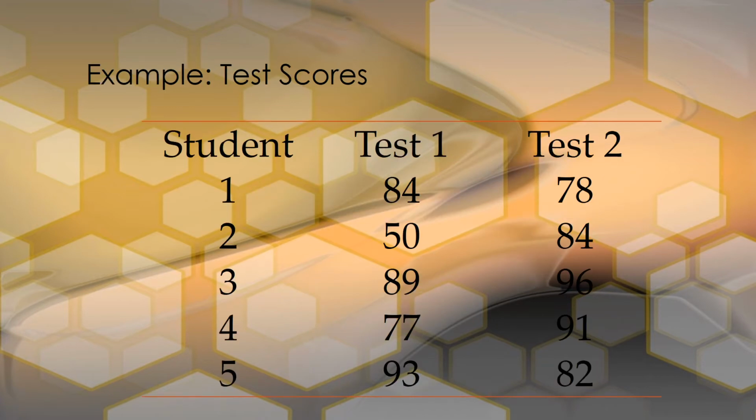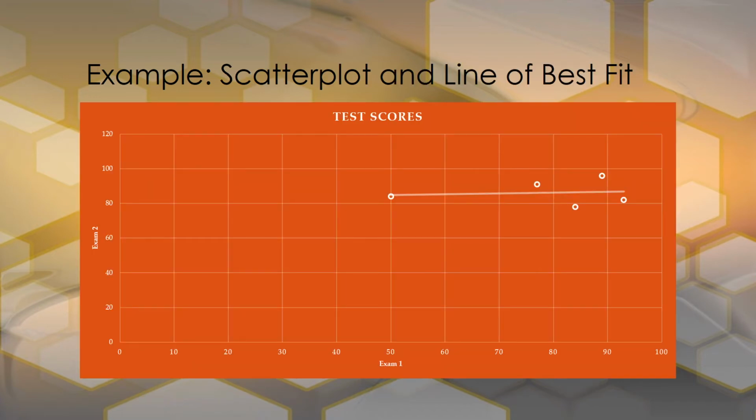Okay. So we're going to do an example again, and we're going to use the test scores data. And here it is. Here's the scatter plot of the data and the line of best fit, and I'm going to extend this line over to the intercept.